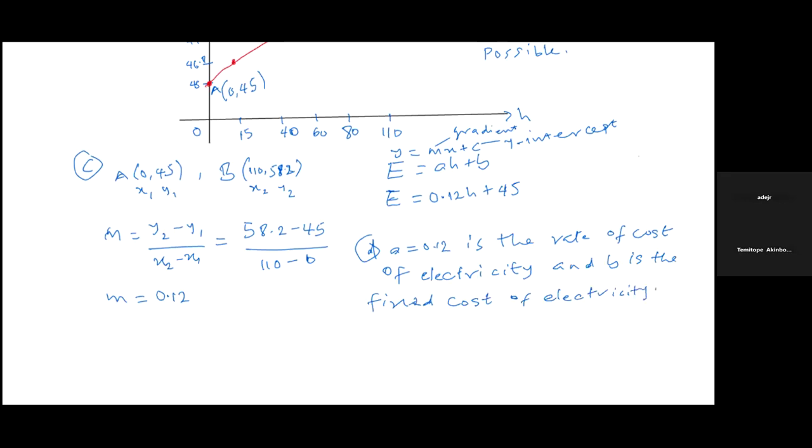Now, fixed cost means the cost that has been incurred even before you consume the electricity. An example of such is what we call maintenance charge or maintenance cost. Am I communicating?